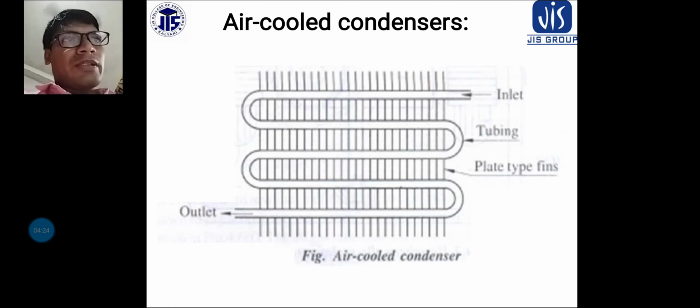The heat of compression will increase if the compression ratio increases. So the load on the condenser, that is the heat rejection factor, will increase with an increase in the compression ratio.